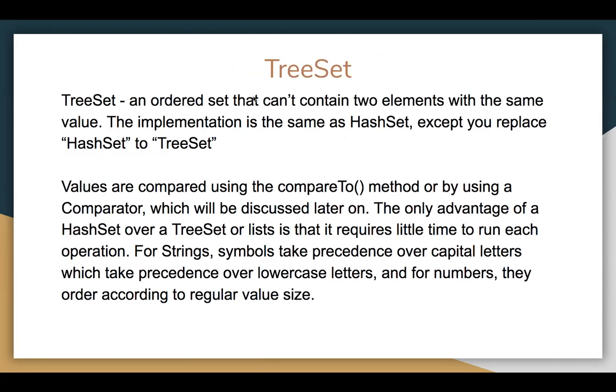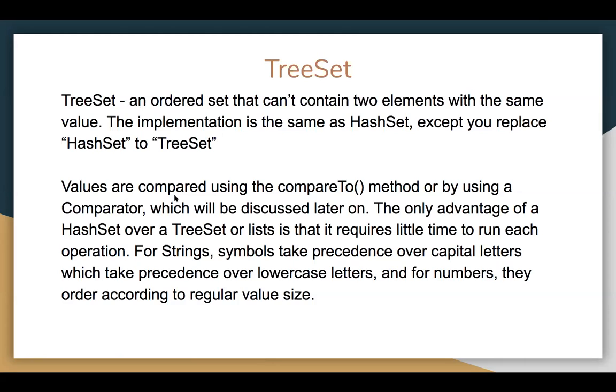Tree set, okay. An ordered set that can't contain two elements with the same value. The implementation is the same as hash set, except you just replace hash set with tree set. Notice the difference between hash set and tree set is that this time it's ordered, meaning there's an order to it rather than placing things randomly, like you'll see in a second.